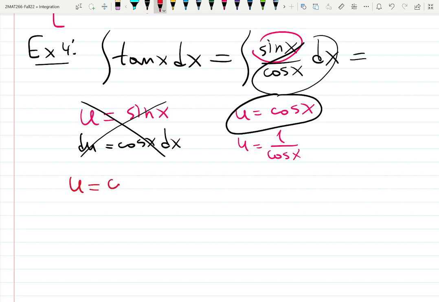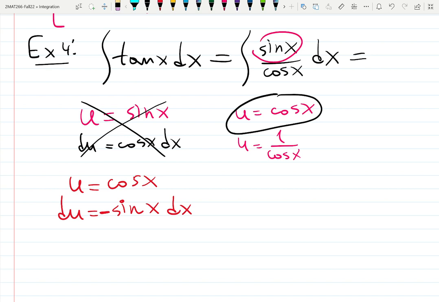If u is cosine x, then du is what? Sine or minus? Minus, be careful with that, dx. Now let's look carefully at all of those circles. So I chose, this is my box, I chose cosine to be u, so I'm kind of building 1 over u situation.